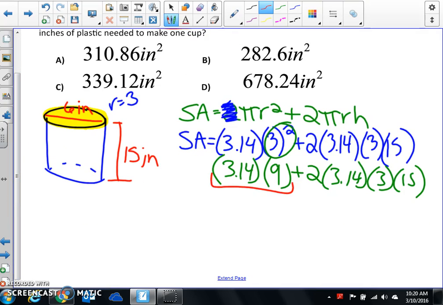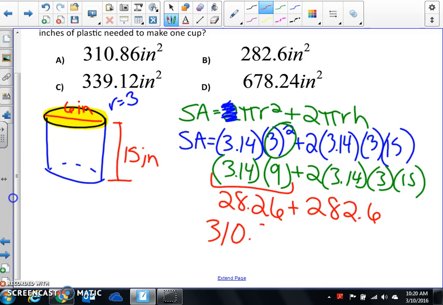So 3.14 times 9 is 28.26. And then 2 times 3.14 times 3 times 15 is 282.6. Add those up. 310.86.